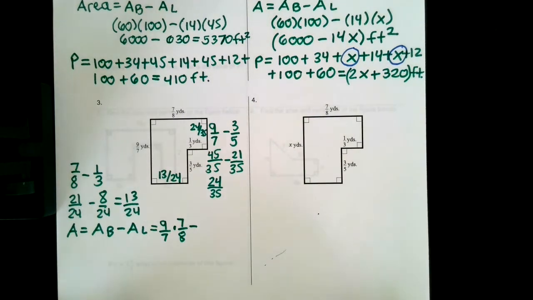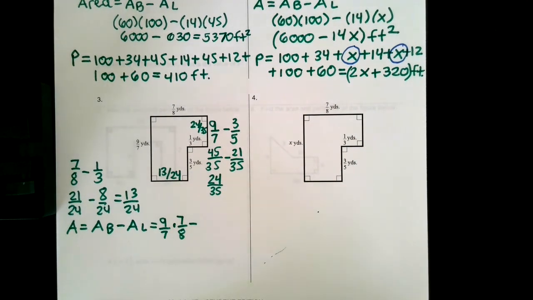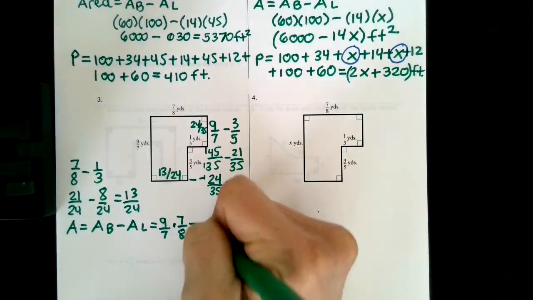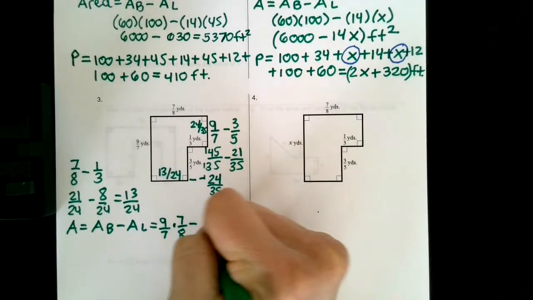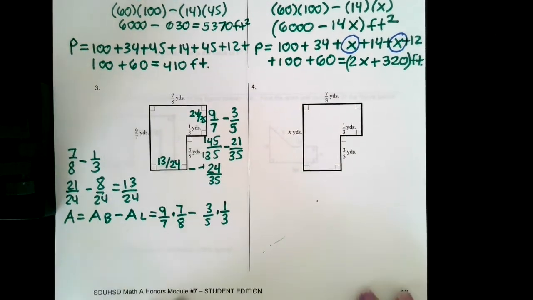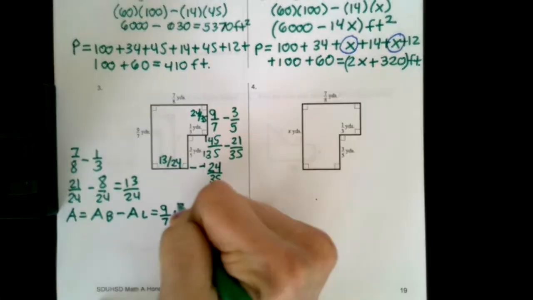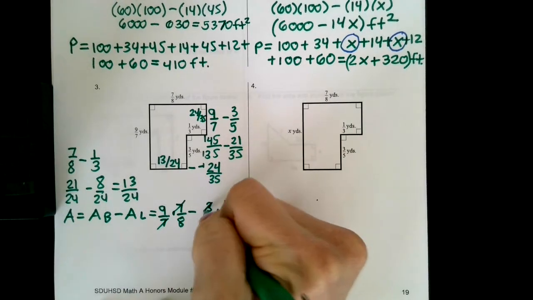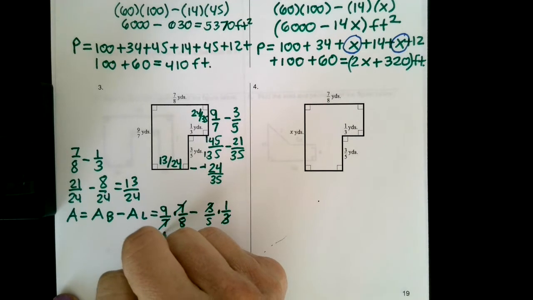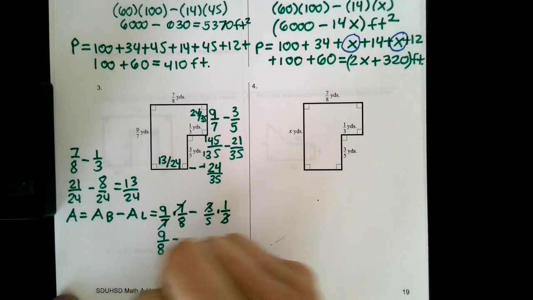And the area of the small rectangle, you can see this right here, would be 3/5 times 1/3. All right, now I'm going to cross cancel any common factors. So I'm going to get 9/8 minus 1/5.